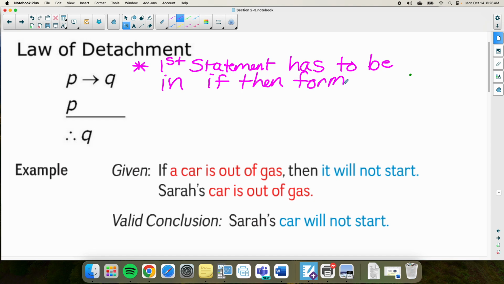Okay, so you're going to have this statement that either is in if-then form or you're going to put it in if-then form. Then what happens is the second partial statement has to refer back to the beginning. The third statement has to refer back to the end.